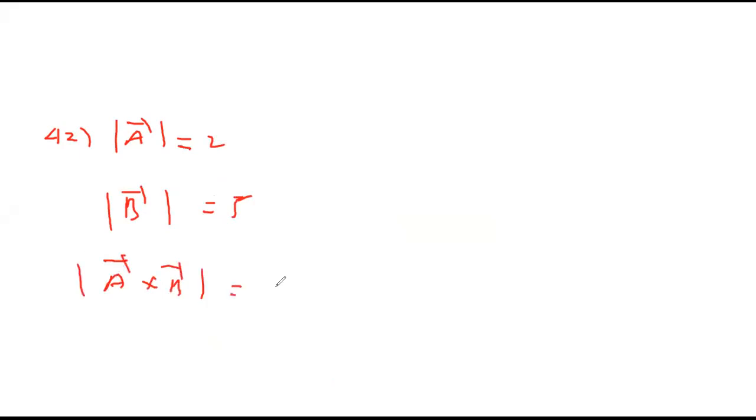42. Yes, sir. Yes. 42. If A has magnitude of 2 and B has magnitude of 5, A bar cross B bar has magnitude of 8.